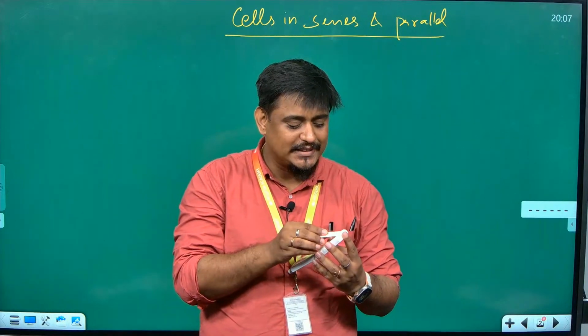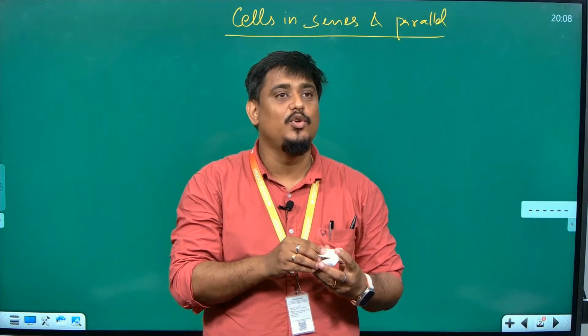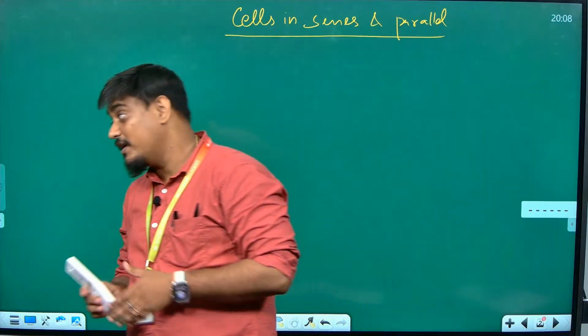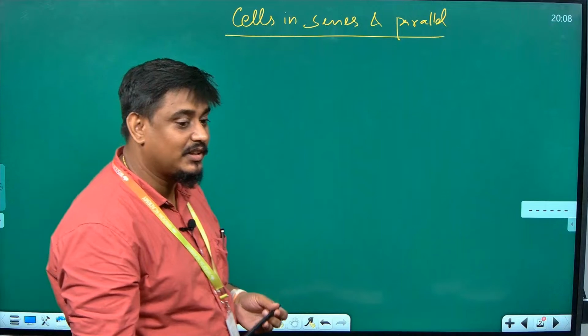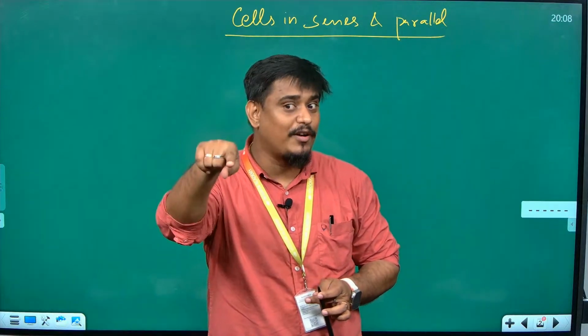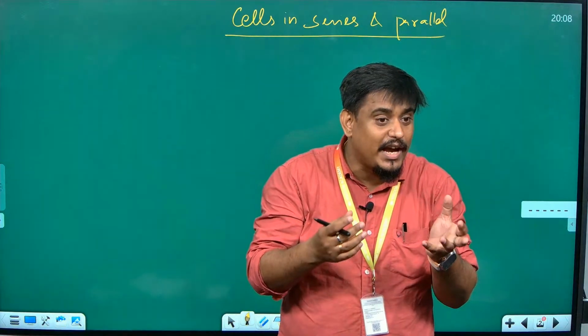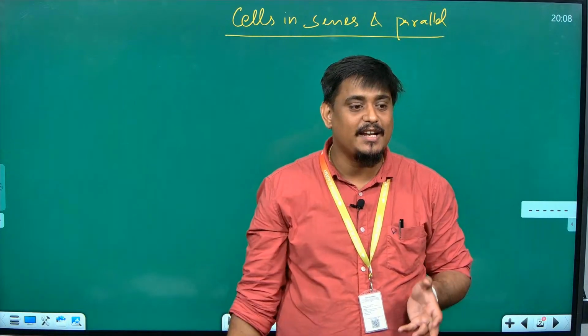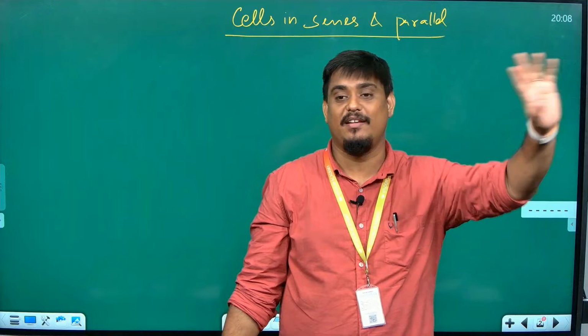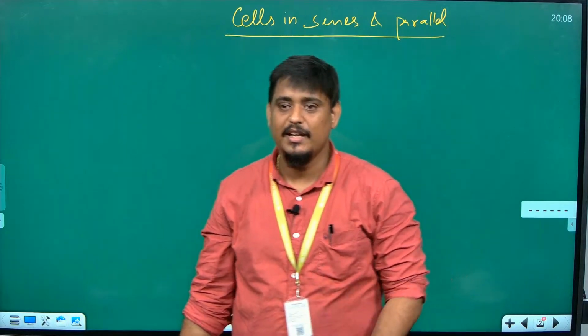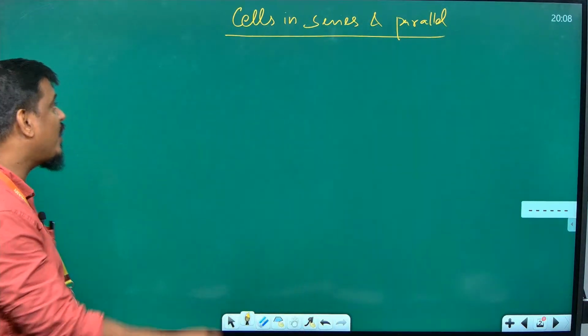But by the end of this class, you will understand what is the meaning of series connection, what is the meaning of parallel connection, when we go for series connection, and whether we go at all for parallel connection, and if we go for parallel connection, then where. So understand what is the meaning of series connection first.